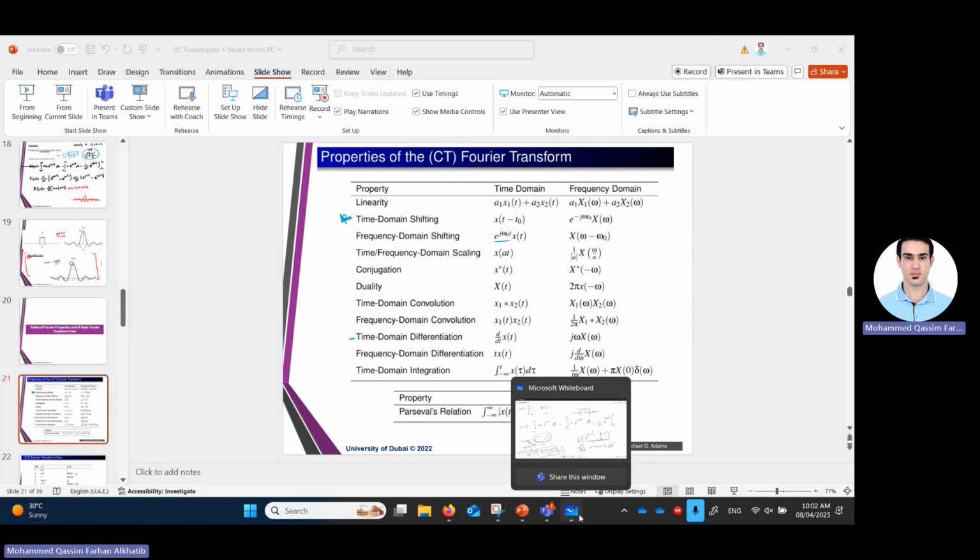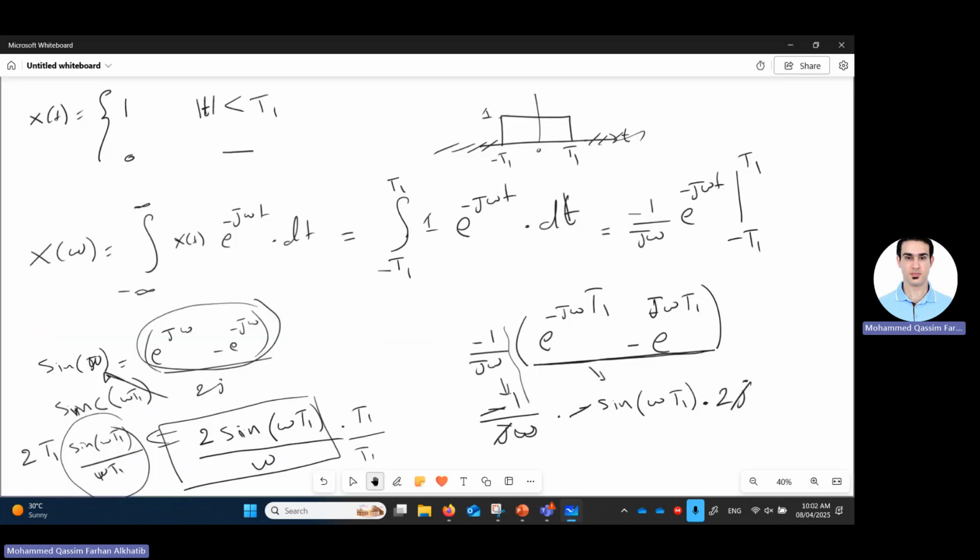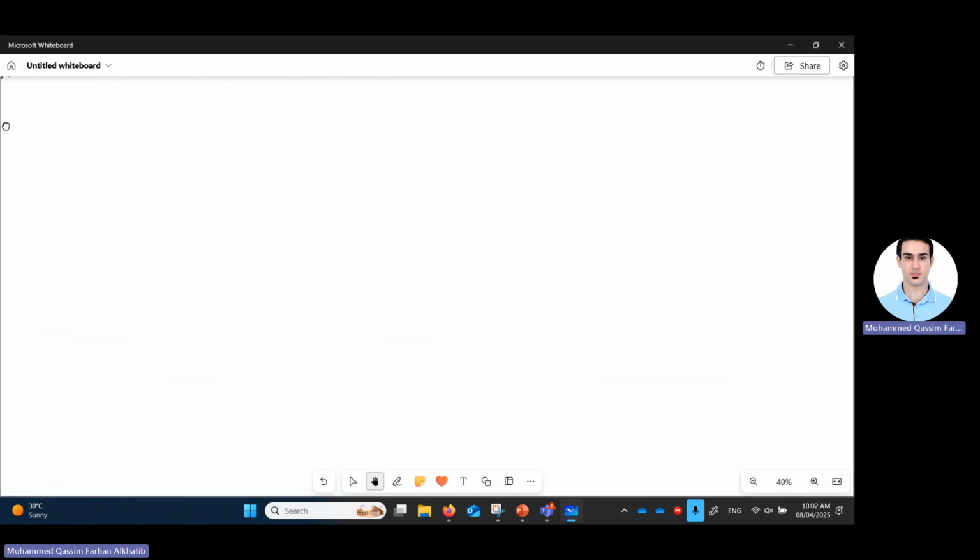So basically, to put it as a rule here, the nth derivative d^n/dt^n of x of t, by doing Fourier transform, you'll get j omega to the power n times X of omega.